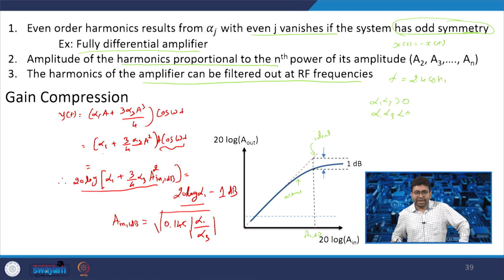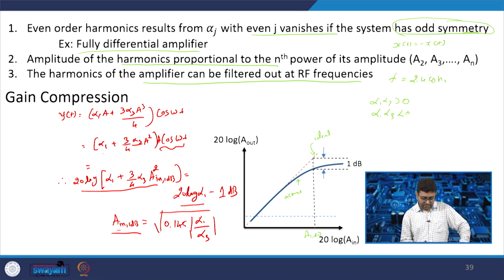So, your 1 dB compression point depends upon your fundamental gain alpha 1 and your third-order alpha 3.